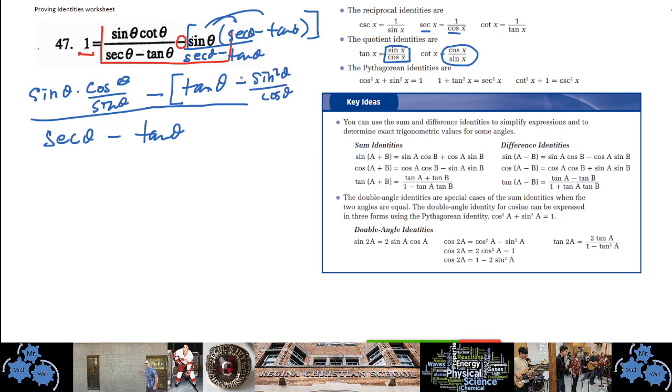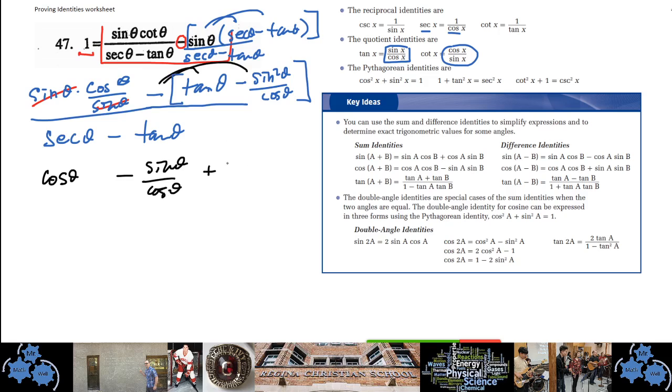Okay. All right, we can do lots of simplifying here, so let's start to do that. So that's going to be just a plain old cos over here. Oh, whoops, not over anything yet. Minus tan is sine over cos. Okay. And then I'm going to distribute this negative sign.